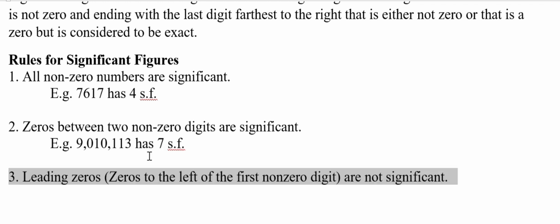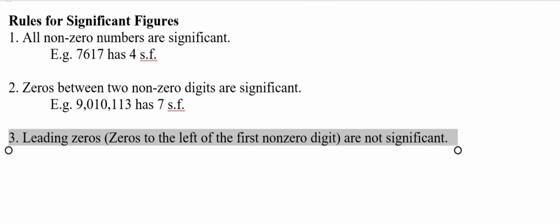The third rule is that leading zeros, meaning zeros which are to the left of the first non-zero digit, are not significant. What are leading zeros? These are the zeros which are written to the extreme left of a non-zero number in a whole number.